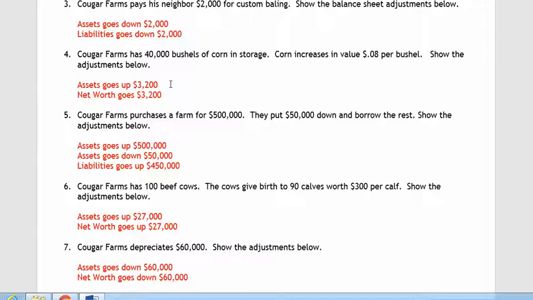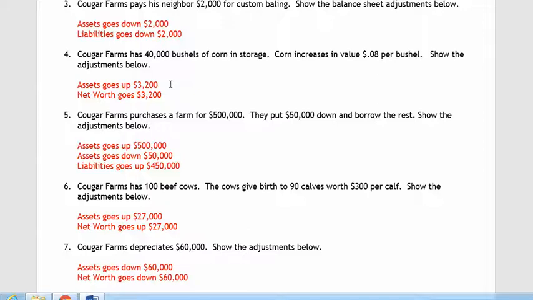No. So what's the adjustment on the right-hand side of the balance sheet then? The left-hand side went up 3,200, so the right-hand side needs to go up 3,200. Where does that take place? In net worth. Corn went up in value, so our net worth went up $3,200.